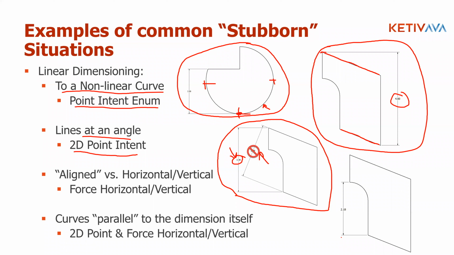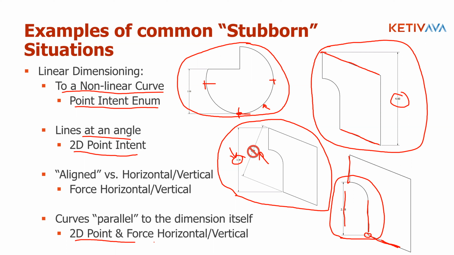There are also other situations where you need to create a dimension like this, but for various reasons, this curve is not the right curve to use to get that point. Really what you need to use is this curve, and they're basically parallel to the actual dimension itself. So how do you create that?